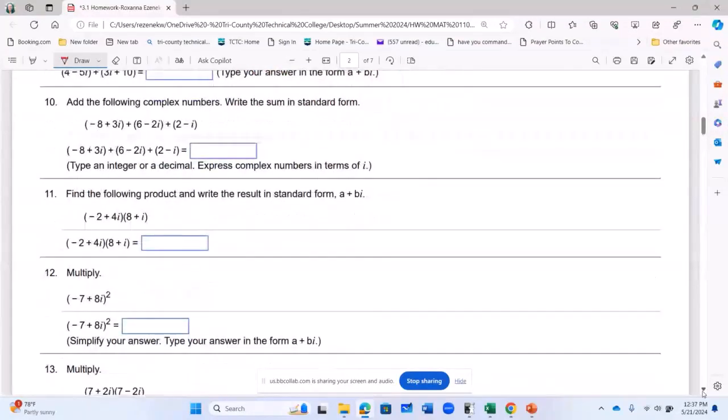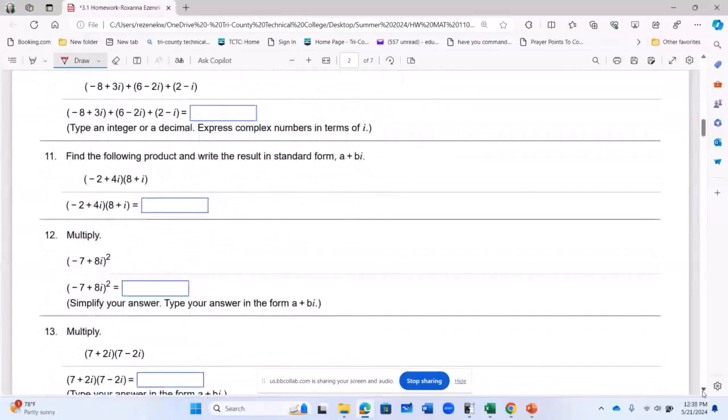Now if I'm multiplying, I can still do FOIL. Right here, I'm multiplying complex numbers. So first, outside, inside, last. Let me do the multiplication. -2 multiplied by 8 is -16. -2 multiplied by i is -2i.